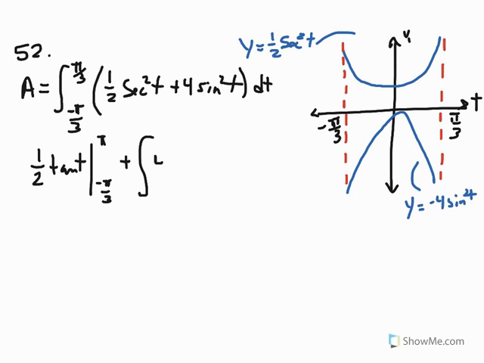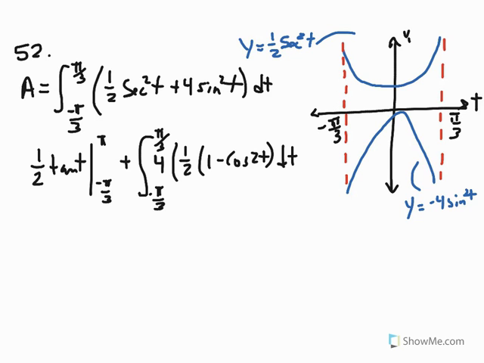We need to change that to the double angle formula, 1/2 times 1 minus cosine of 2t, to evaluate that one. Well, the 4 times the 1/2 makes a 2. Oh, by the way, this is from -π/3 to π/3.